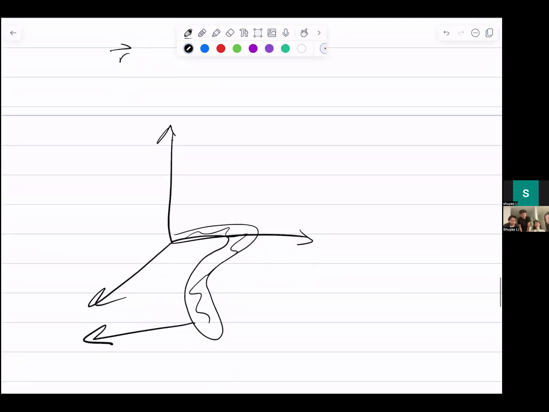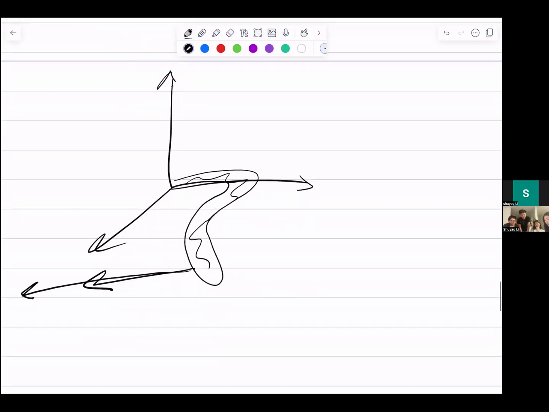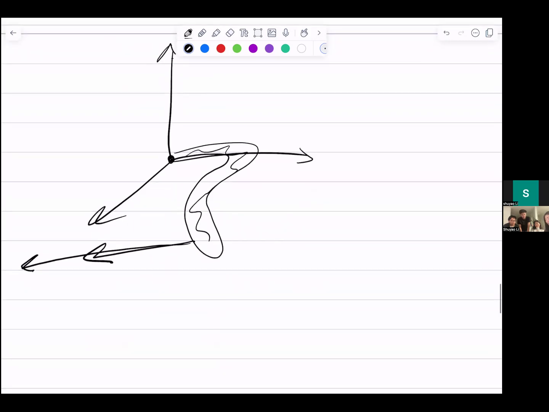Basically, the line of action of this force extends across this force, right? So if we wanted to take a moment about this point, we could get the position vector from this point here to any point on the line of action. And we would still get the same moment value if we were to take it from here or from here, because it's on the line of action of the force. All right, that makes sense.